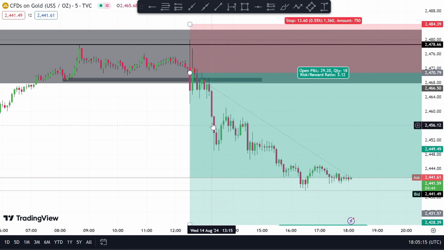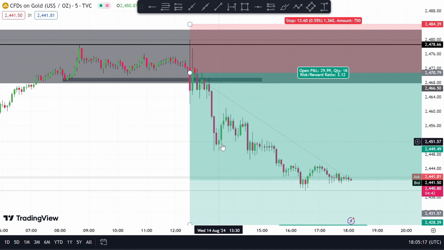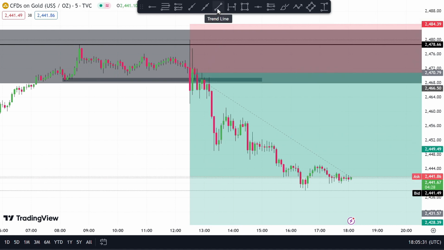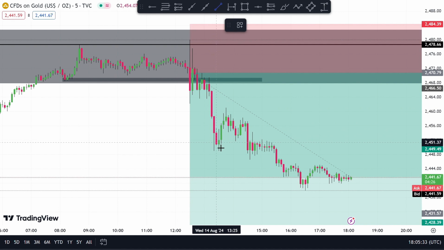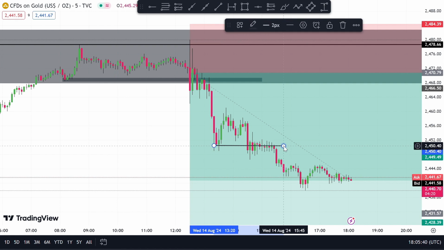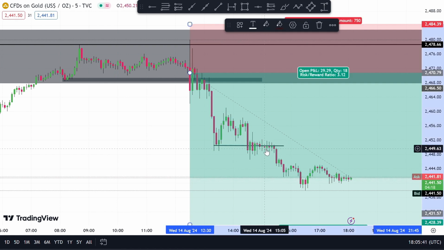So when you see this huge move coming down and a retracement, don't move your stop loss yet until you see price breaking past this point, which price has already done here. I don't know if you can see it at this point. Let me point it out so you can see. Until you see price breaking past this low here to the downside, that's when you can move your stop loss.